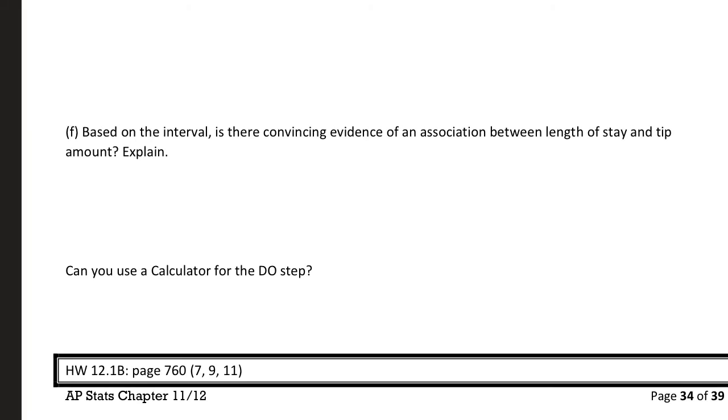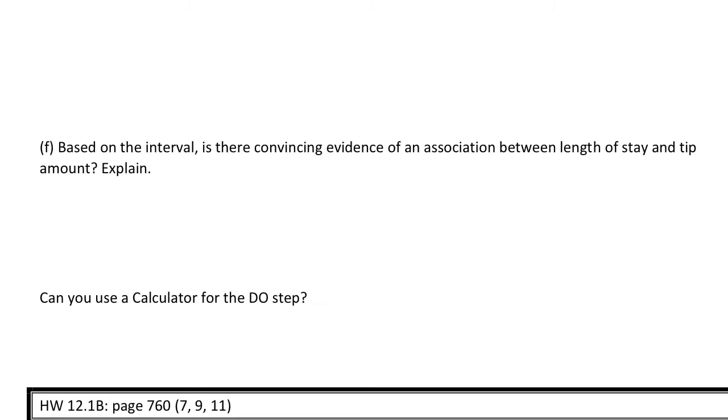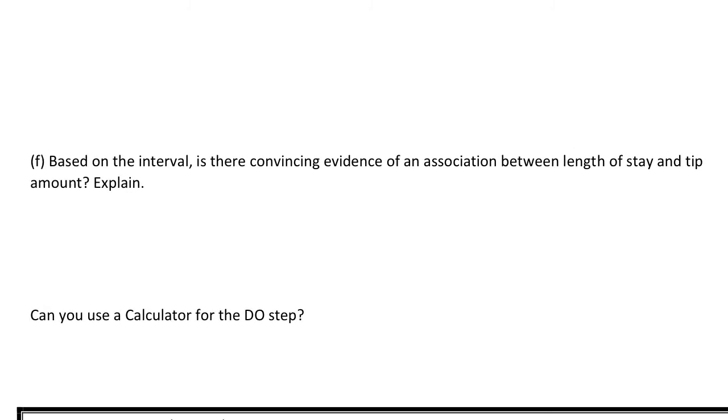This is where it gets tricky, because that sounds like chi-square. But the difference between this and chi-square is I don't have a two-way table. I have a bunch of stuff about lines, and I'm dealing with all quantitative variables. So another way they might say this is, is there convincing evidence that a linear model is appropriate, or something like that?